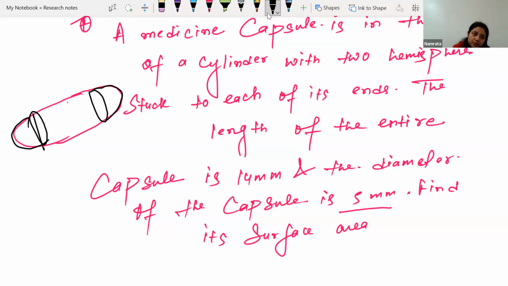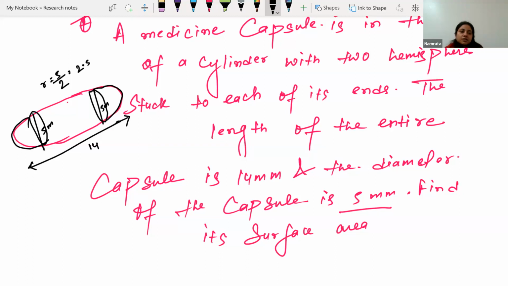Now we got the radius as 2.5, which is 5 by 2. For measuring the height of the cylinder, we need to subtract from 14, because the whole length won't count for the cylinder. Yeah, ma'am, 14 minus 2.5 minus 2.5.